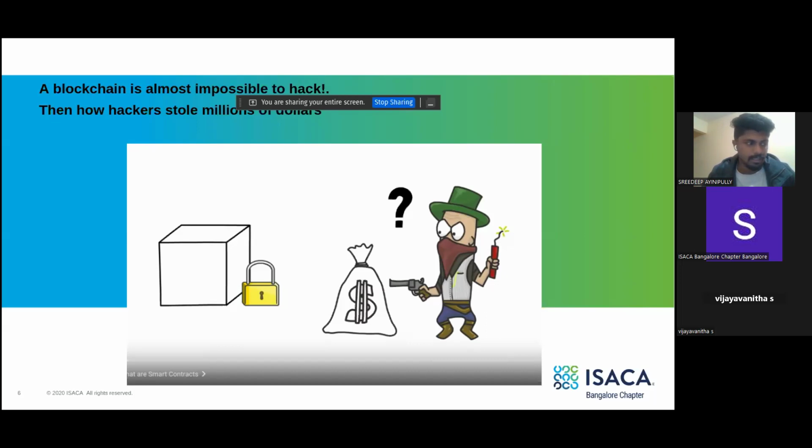It is really tough, but it is possible to hack. A person with a good mindset and great dedication can hack. So this is how hackers steal money from blockchain, by exploiting smart contracts.